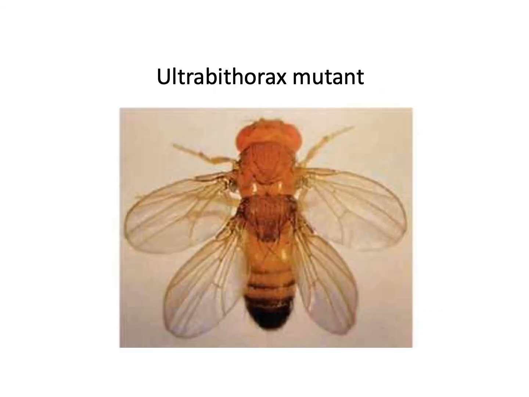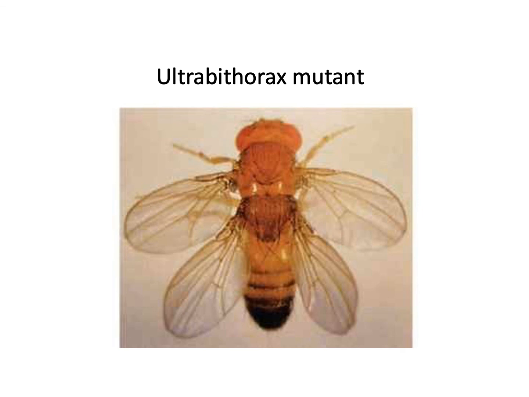We can also get a four-winged fly. The normal Drosophila is a two-winged animal, where the wings are always on the second thoracic segment, the second of three. On the third segment are a set of vestigial organs called halteres. But by manipulating the genes in the bithorax complex, and it's a fairly subtle and complicated manipulation, you can get a fly with four wings.